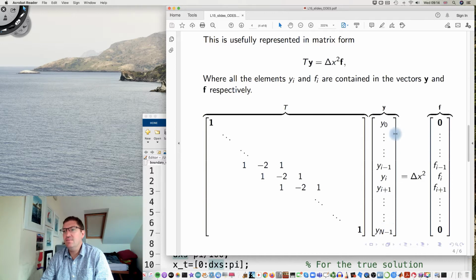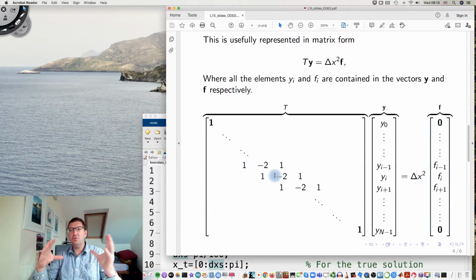In this case there's big N points, and we go from 0 to n minus 1, and 1 times y0 is 0, and 1 times y_(n-1) is 0. So the matrix encapsulates these two things, the boundary conditions plus the second order derivative centered difference approximation. It puts it all together, then you invert the matrix, and then you have your answer.